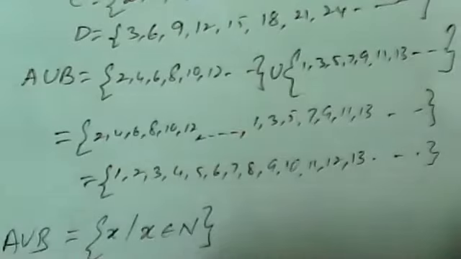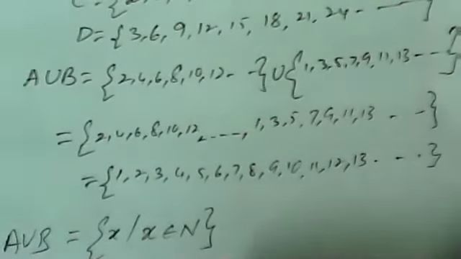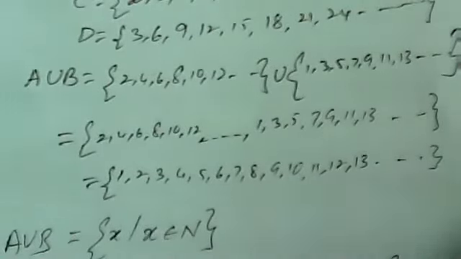A intersection B is the set of all common elements of even numbers and odd numbers. So 2, 4, 6, 8, and so on, intersection 1, 3, 5, 7, 9, and so on. Do you find any element common? An even number can't be an odd number. So no element is common here.